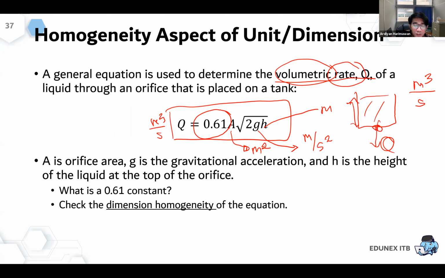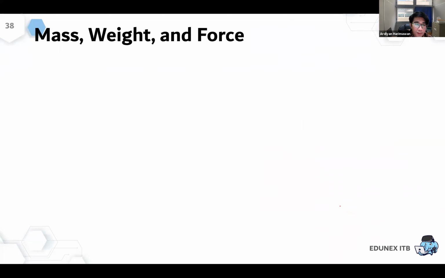In the ideal condition, the constant will be 1, but since this is the real condition, we get 0.6. Later we will study about that. But this is an example where you can understand the formula by doing the analysis of the units.